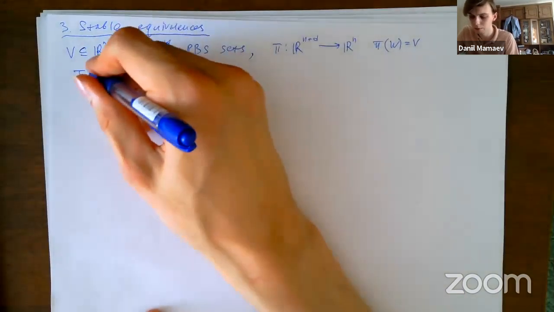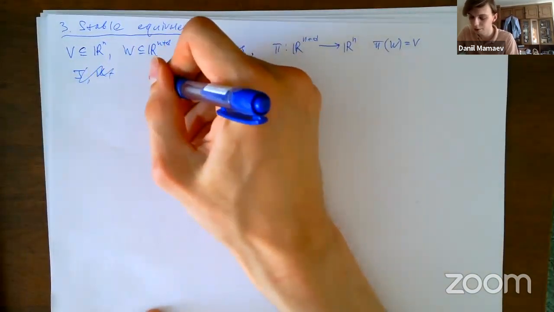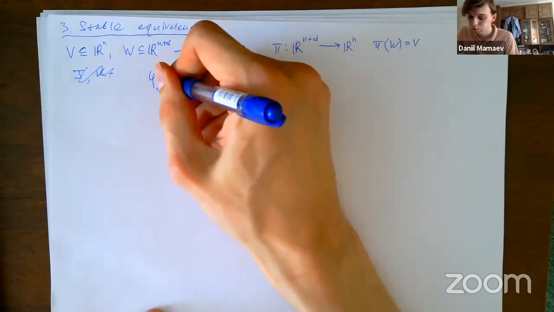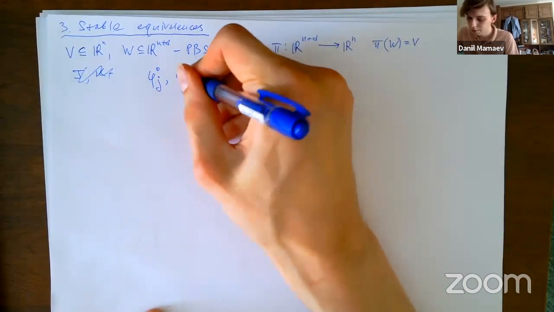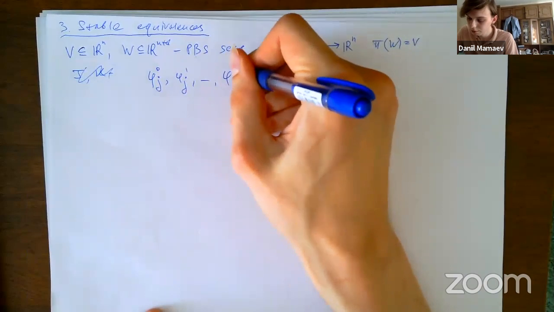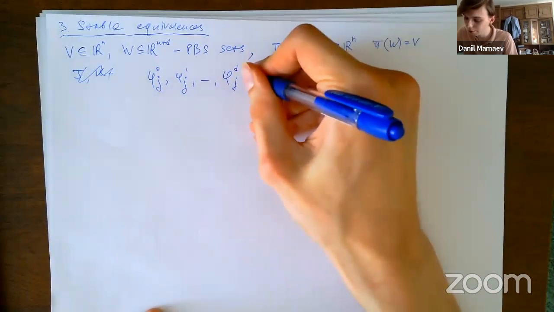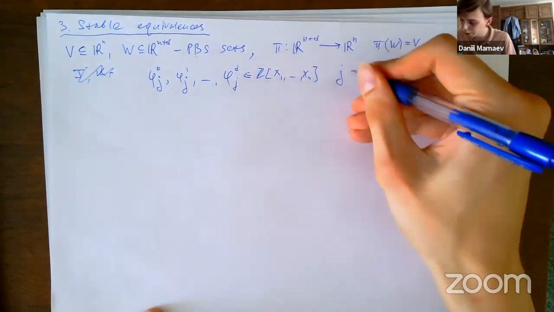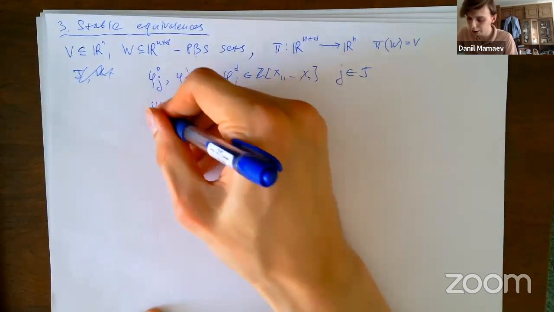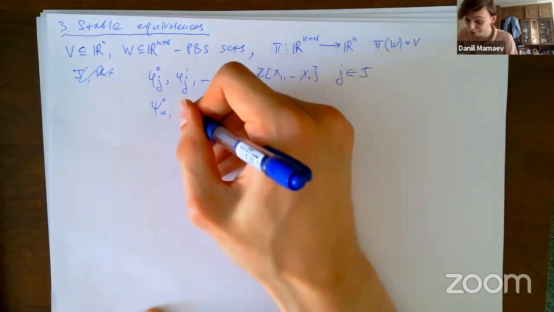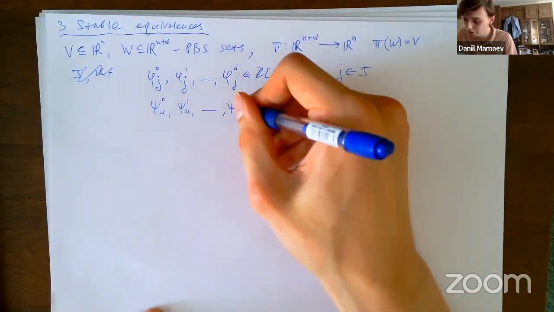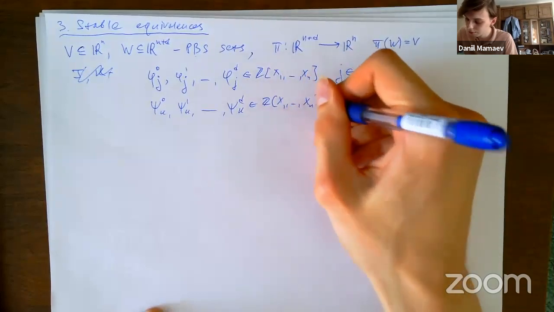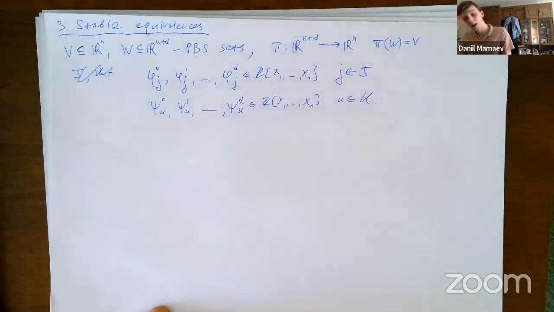We have some collections of polynomials with integer coefficients, phi_j for some index j, and we also have another collection of polynomials, psi_k, for some index k.